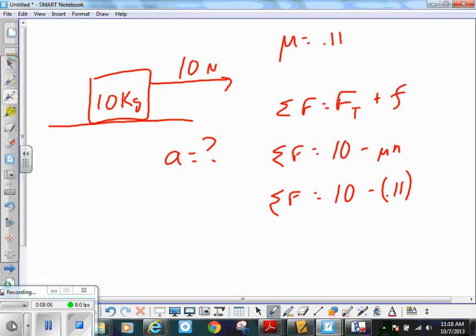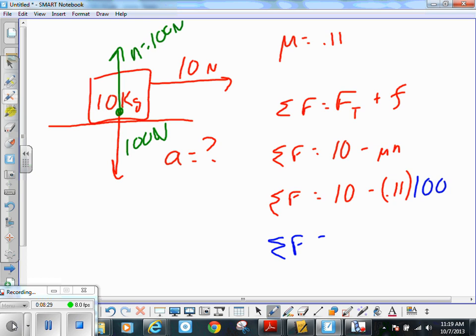And the normal in this case is going to be equal to the weight, right? So that's the weight of 10 kilograms, or 100 newtons. And this here then would be the normal, 100 newtons. Okay?